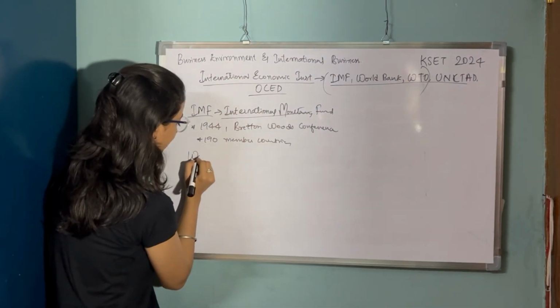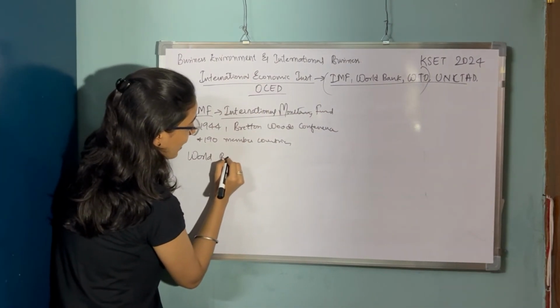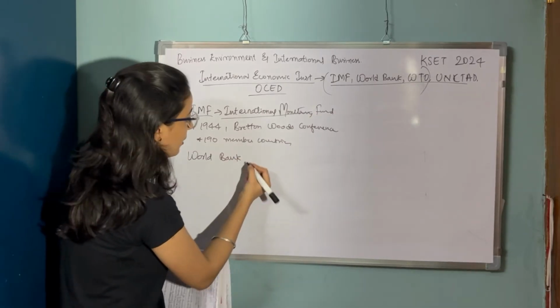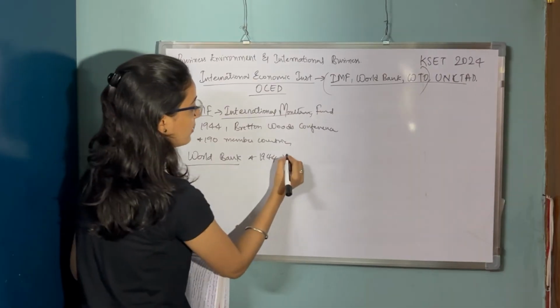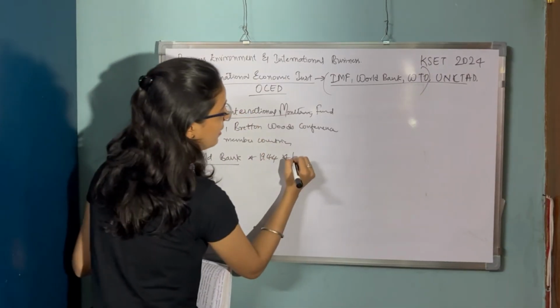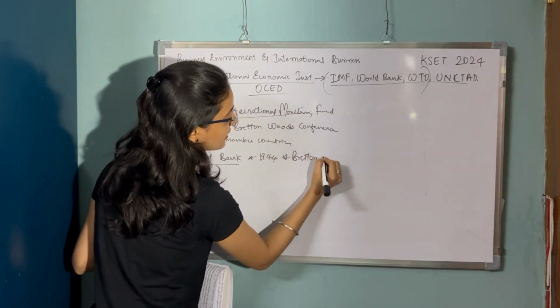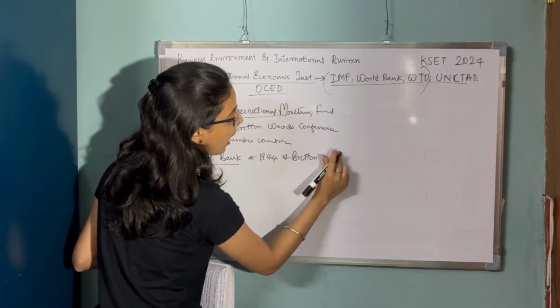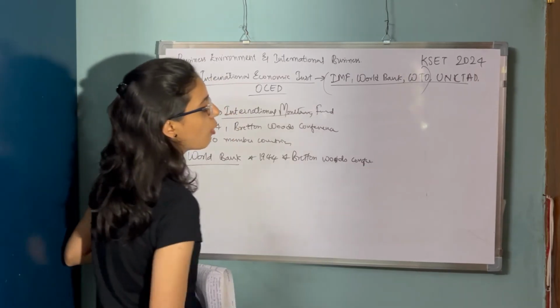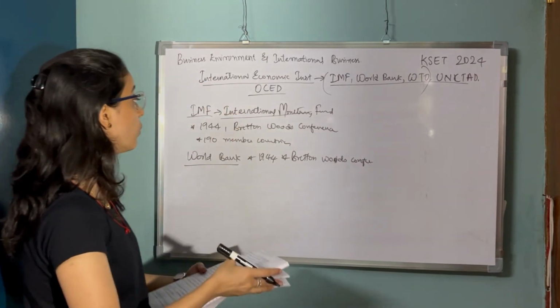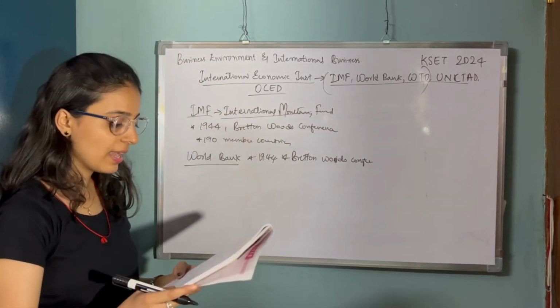Next, World Bank. World Bank also came into existence in 1944 with the IMF at the Bretton Woods Conference itself. So the outcome of the Bretton Woods Conference were these 2 important institutions, that is World Bank and IMF, right?